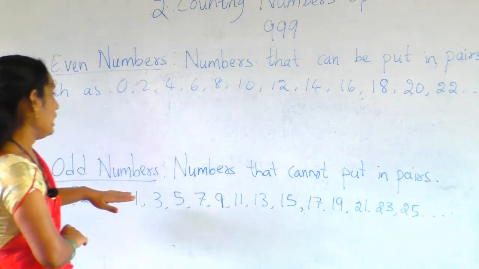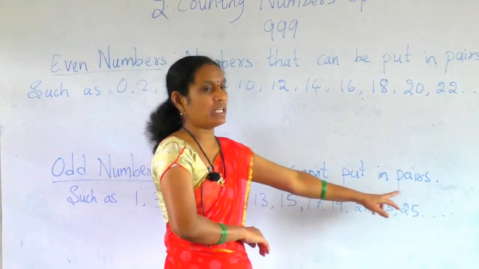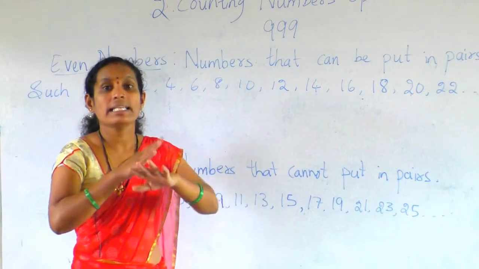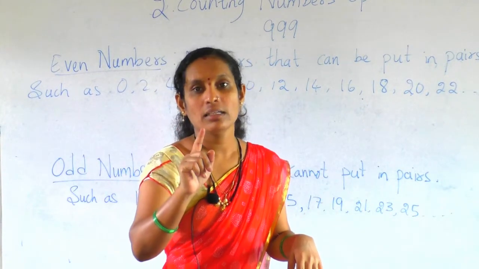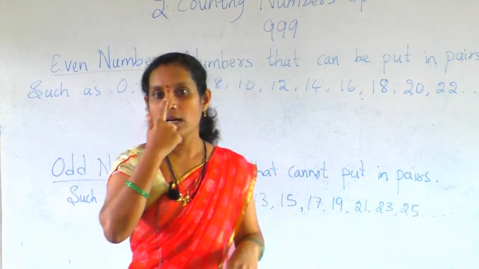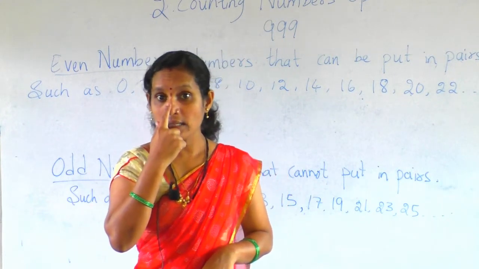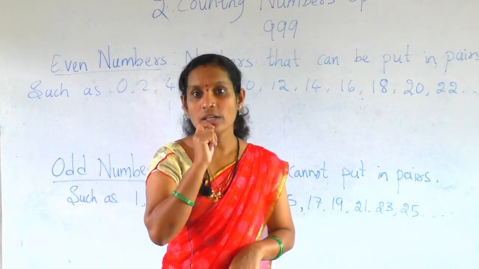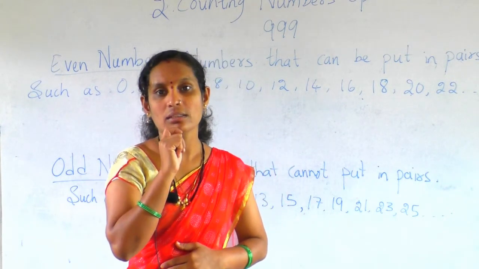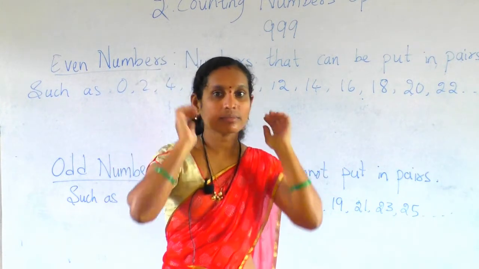Here, in odd numbers, numbers that cannot be put in pairs. Only it is a single. Okay, see. I have 1 nose. I have 1 mouth. Understood? I have only 1 stomach. I have only 1 head.